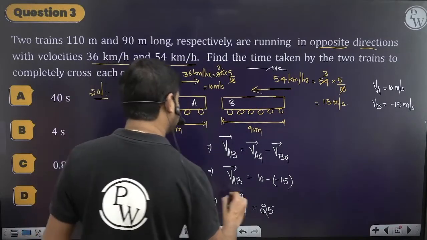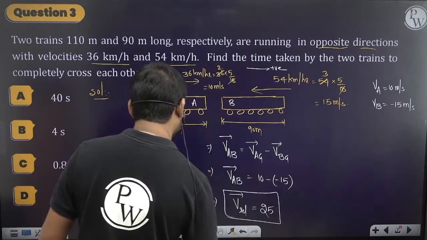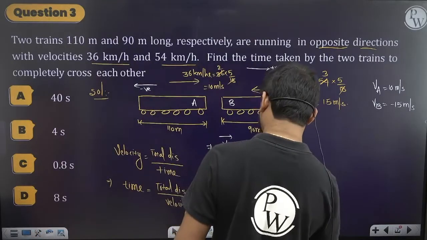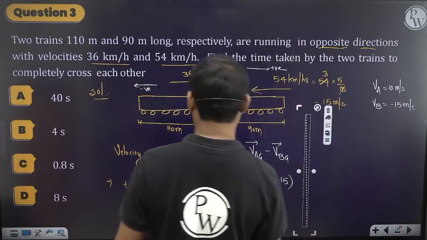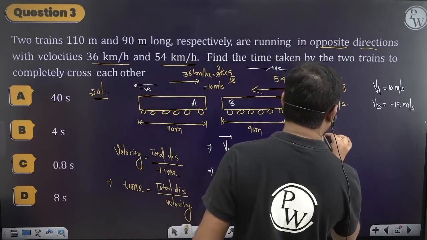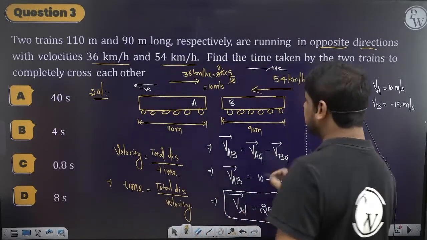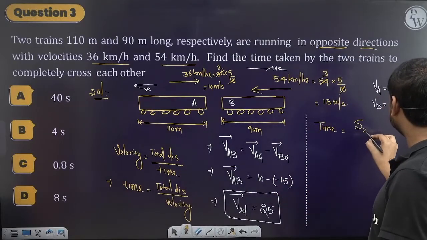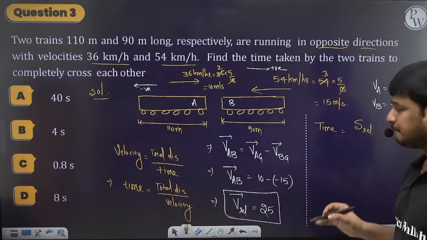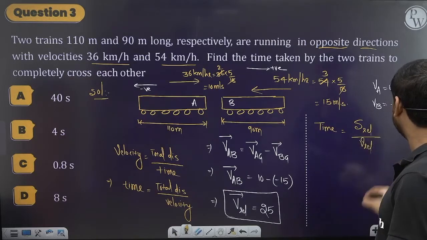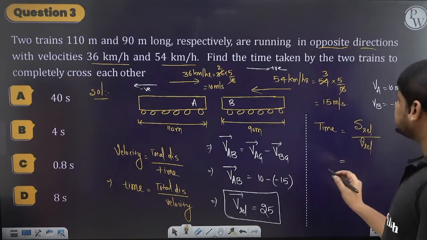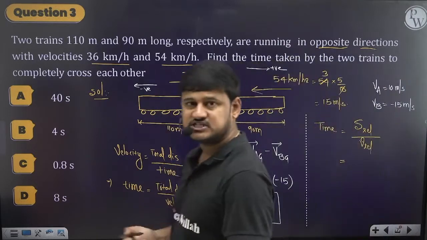Now we need the total time. The time taken is equal to the total distance, S relative, by the relative velocity V relative. Yes or no? Then what is the total relative distance with respect to each other?